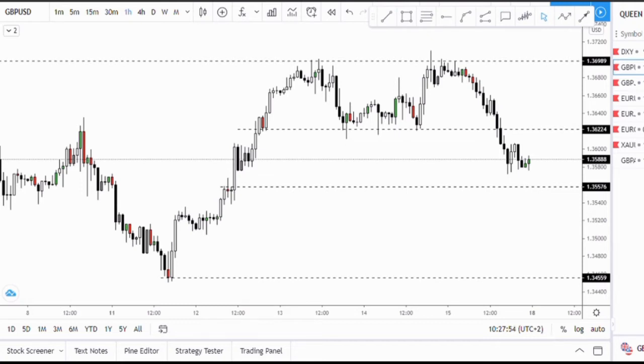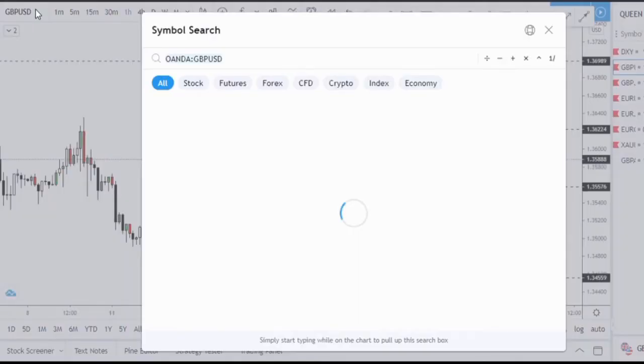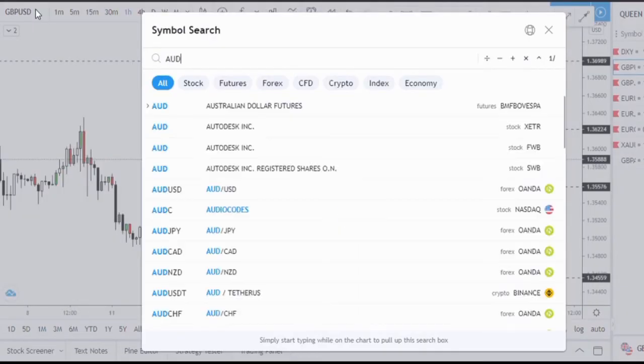So the best thing to do when you want to trade the Asian session is to look at pairs that only have AUD, NZD and JPY currencies.